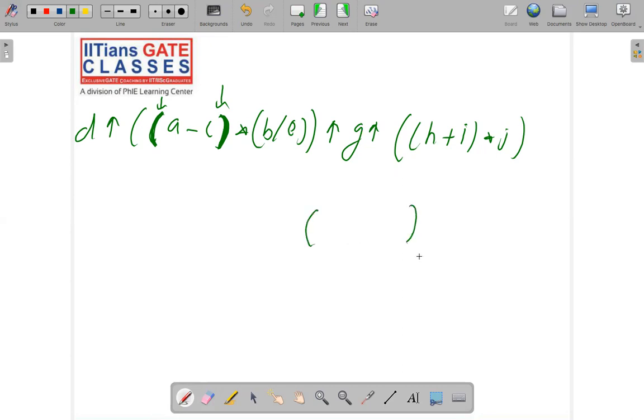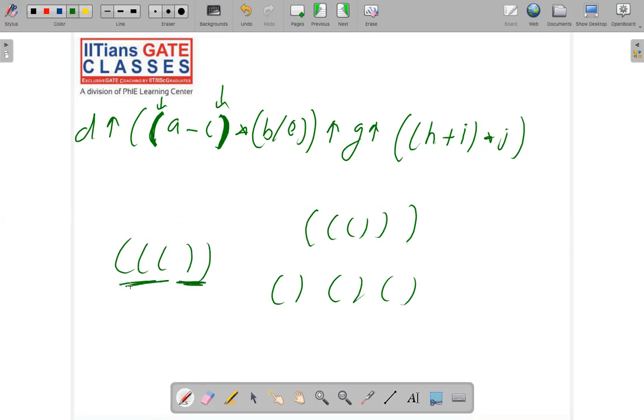Okay, and an equal number of starting and ending braces should be there. So with braces, these are valid braces. These are not valid braces. See, right now there are only 2 ending braces, but there are 3 starting braces. And using stack, you can validate also. I'll tell you how.